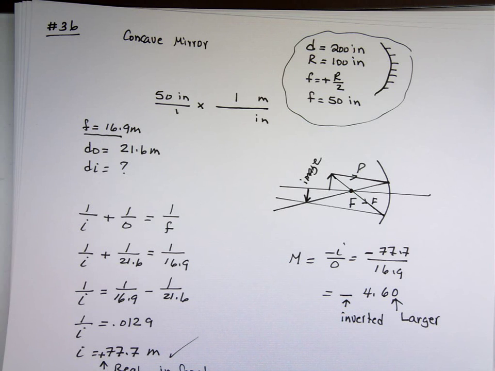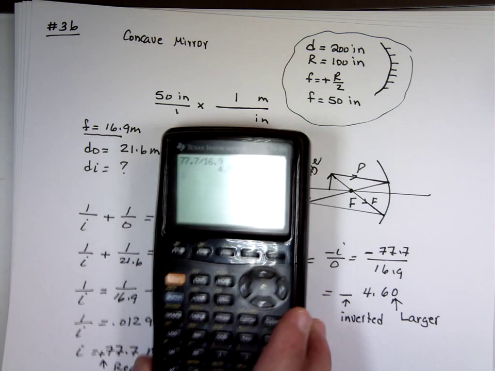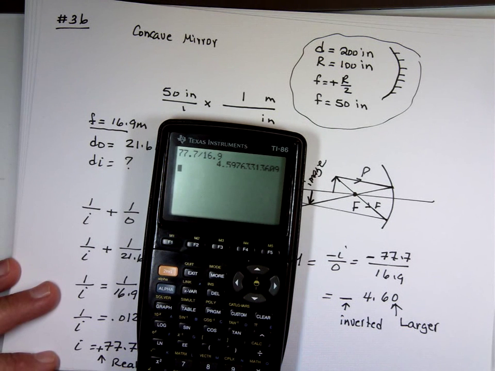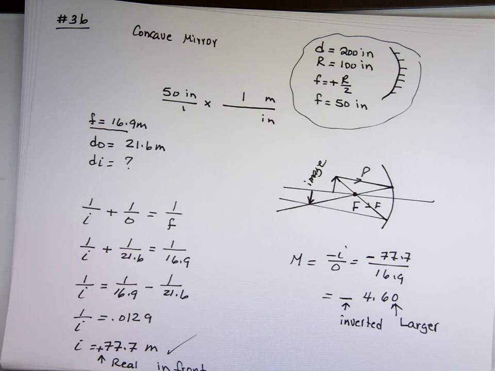Negative I, 77.7. We get that answer correct. Divided by 16.9. Am I seeing things correctly? 4.597, right? So I got 4.60. They go in 3.6. Magnification of her image.